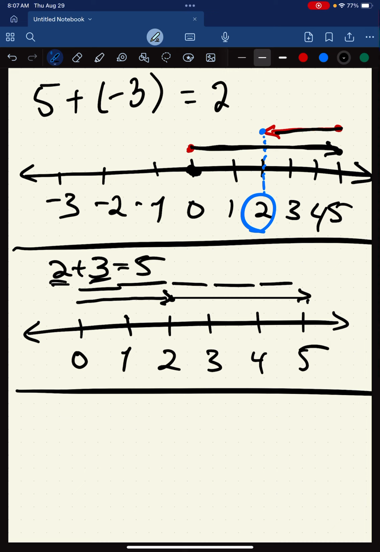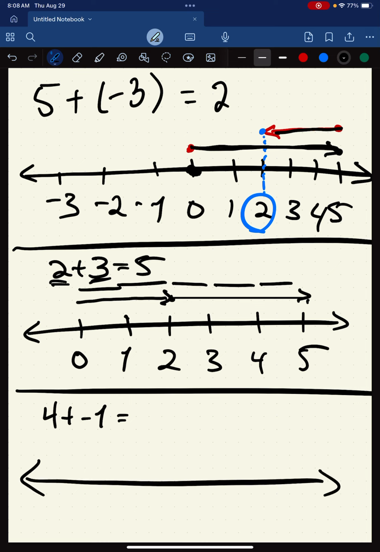Let's do another one that may not be as obvious. Let's do 4 plus negative 1. What does that equal? 0, 1, 2, 3, 4.